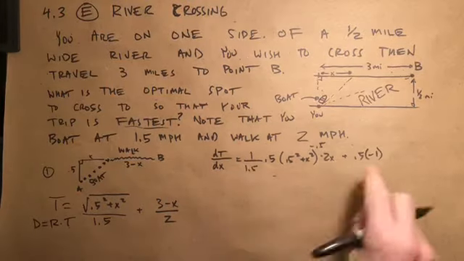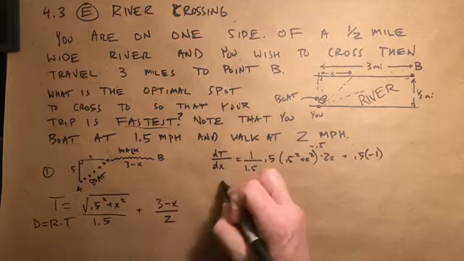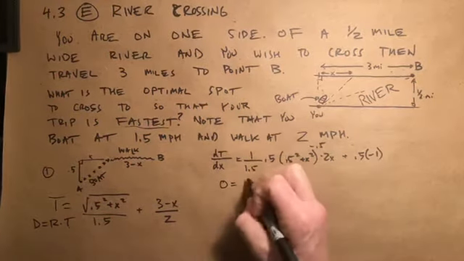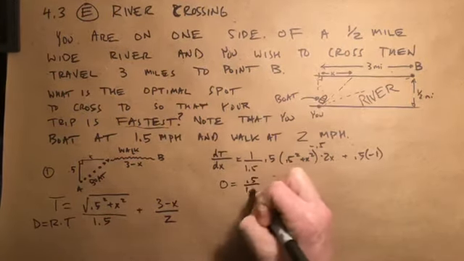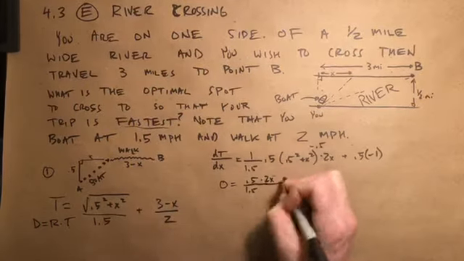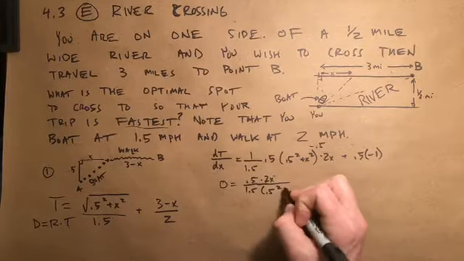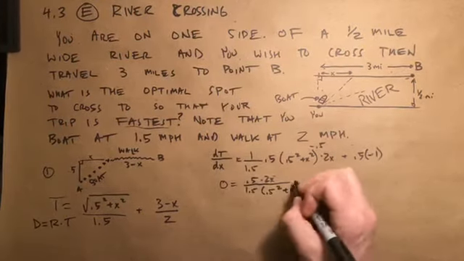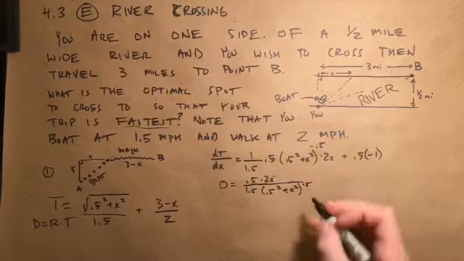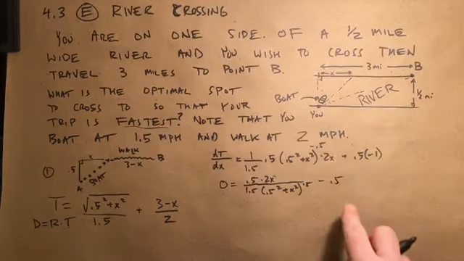I'm going to bring this right to the other side, so we'll have 0.5 over 1.5 times 2x upstairs, and all this gobbledygook, 0.5 squared plus x squared to the 0.5, downstairs, equal to 0.5. Now, we can see a couple moves that I can make here.